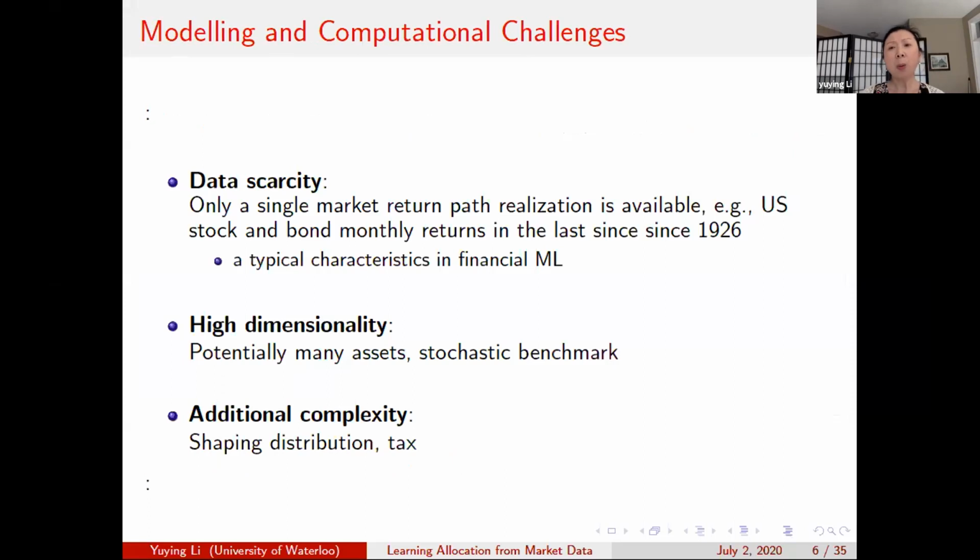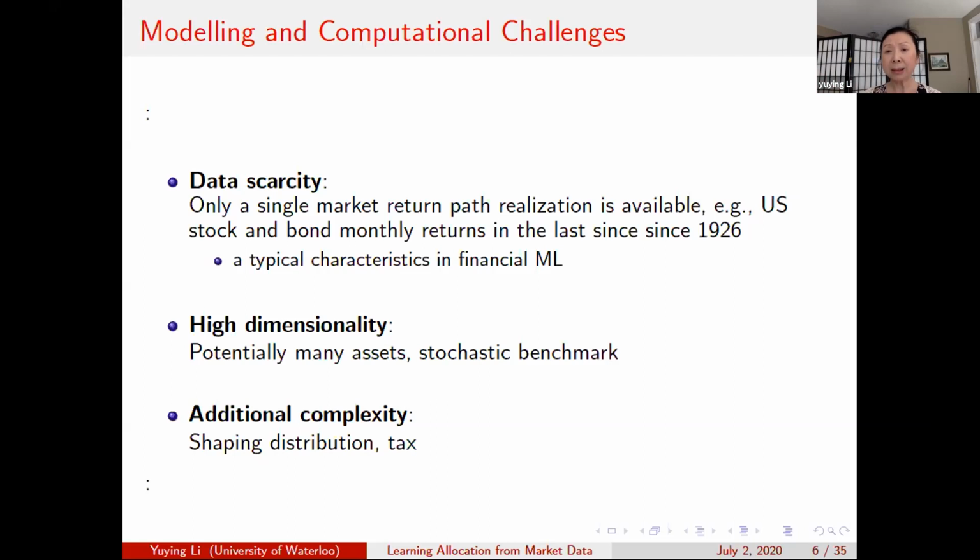So how are we going to solve this problem from the very beginning? What we have is a single market realization of the assets you are interested in investing in, for example, the equity index, their return for the last 80, 90 years. So as the problem we try to solve, we only have a single path of market return that is available to us.